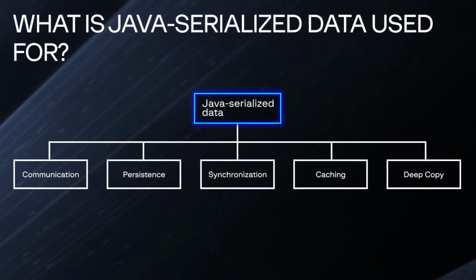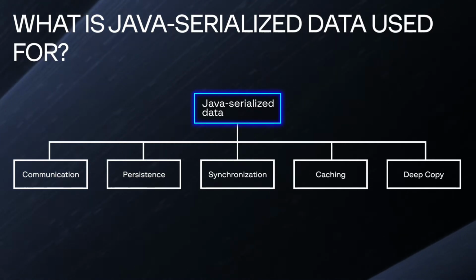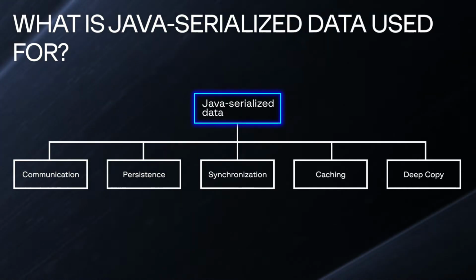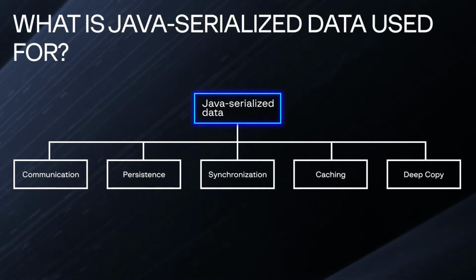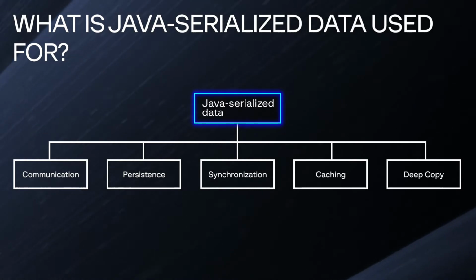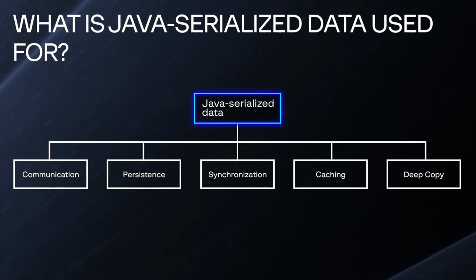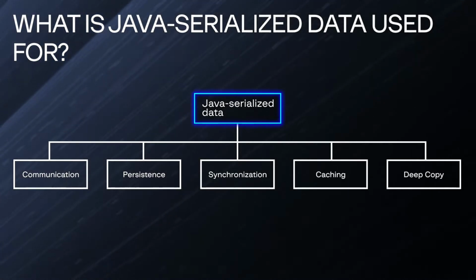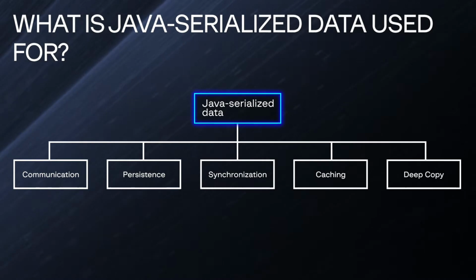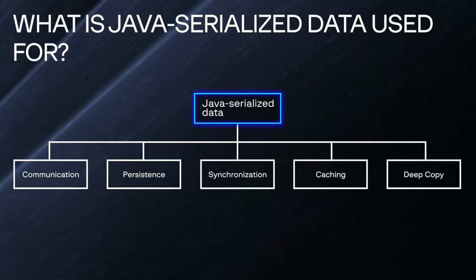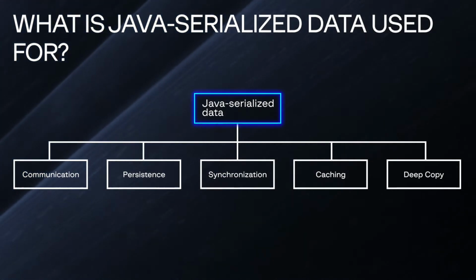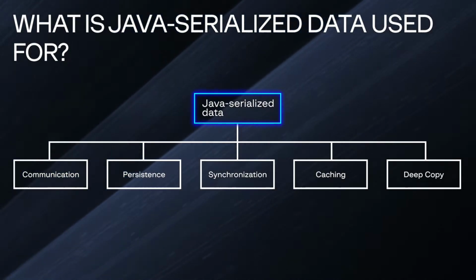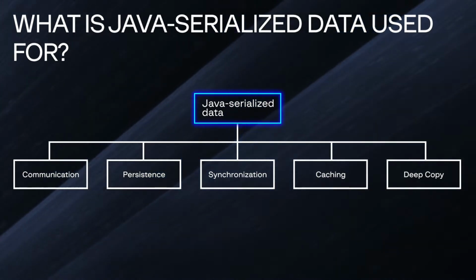Persistence: in Java, serialization allows preservation of objects and their states. Synchronization allows serialization to work across different Java virtual machines. Caching allows an application to temporarily store frequently accessed data. And finally, deep copy is the ability to copy an object along with the object references within that object.